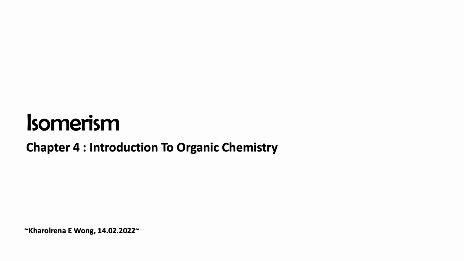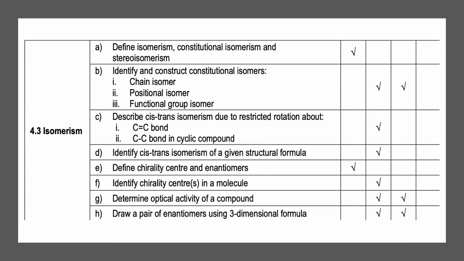So for today, Madam akan explain mengenai subtopik yang terbaru yaitu isomerism. So isomerism is the third subtopic in chapter 4. So let's see. In this isomerism, as you can see, we have around 8 learning outcomes, and most of the learning outcomes are covered in C1 and C2.